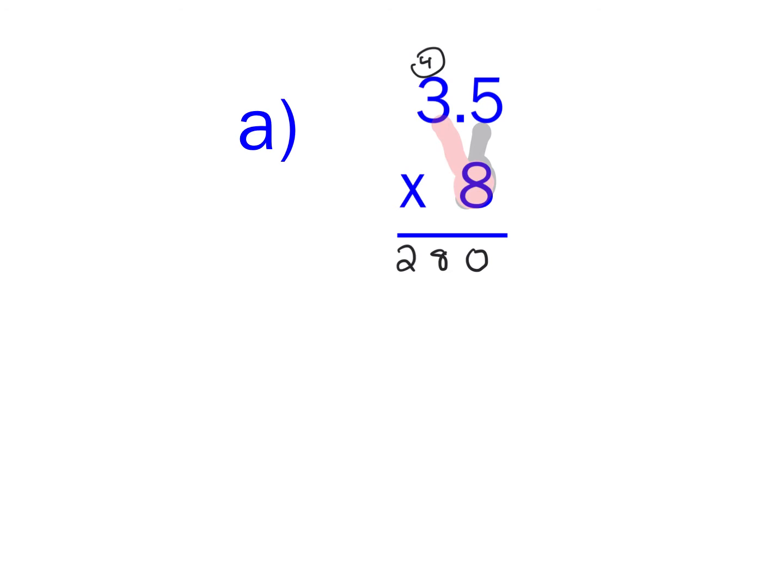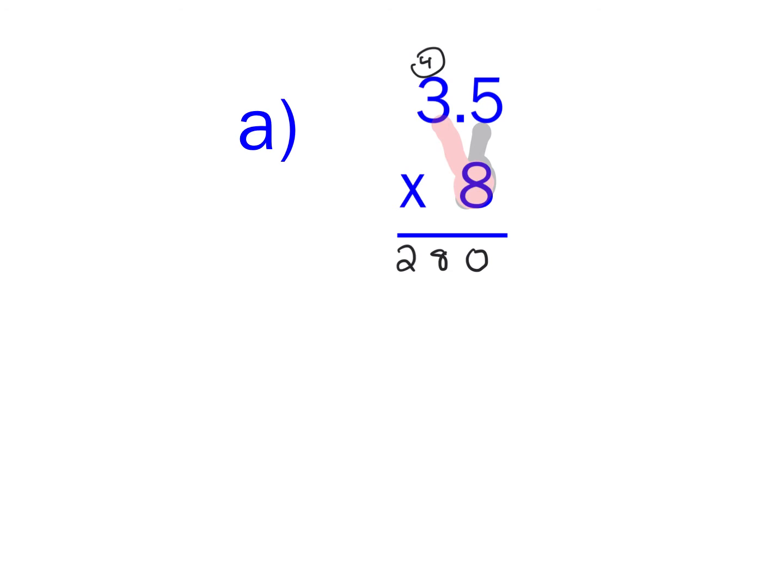Well, no, it's not, because what we want to do is look at how many decimal places there are. In 3.5, there's one decimal place. In 8, there's no decimal places. Basically, you add the decimal places in both numbers.